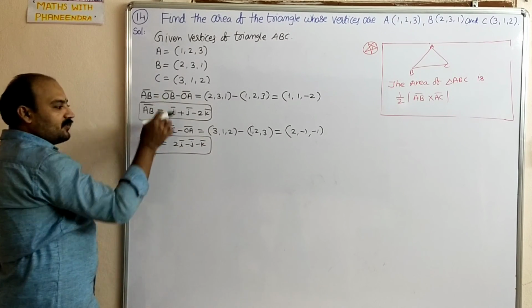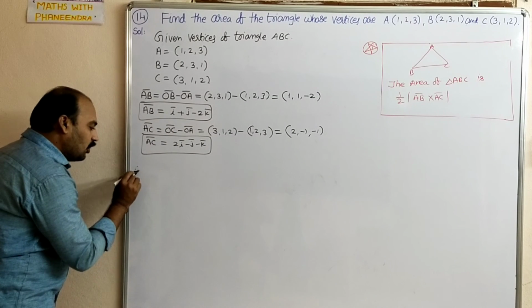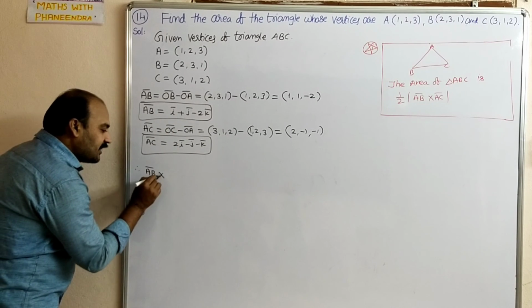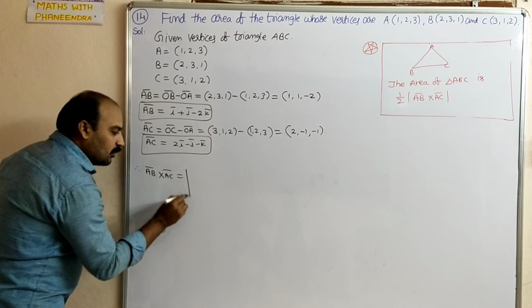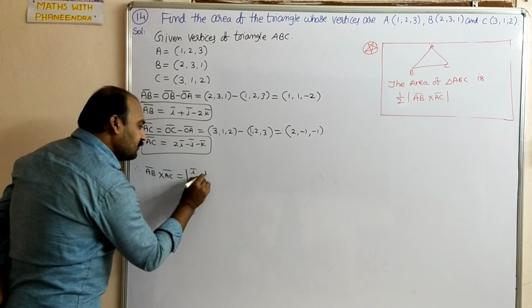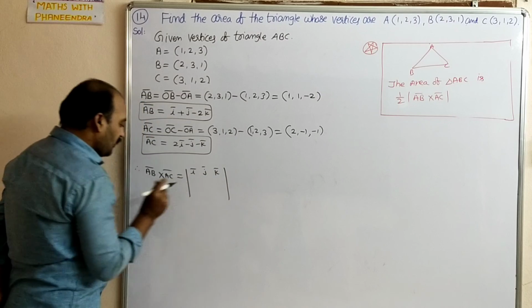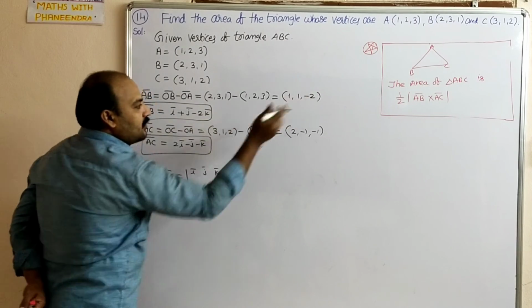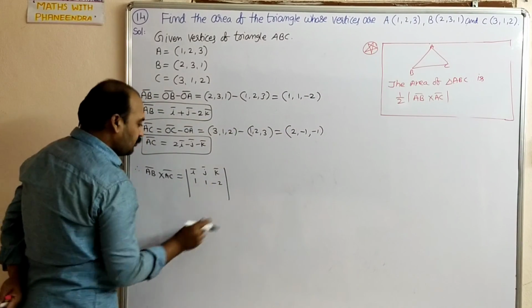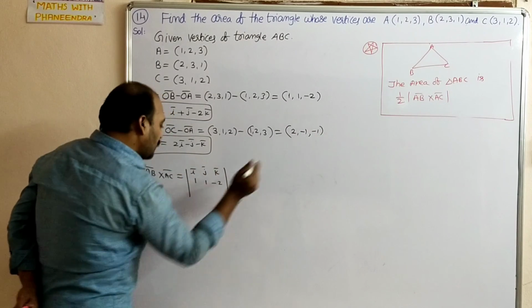Now the cross product of these two vectors we need to calculate. Therefore, AB bar cross AC bar equals the determinant with I J K; AB bar: 1, 1, minus 2; AC bar: 2, minus 1, minus 1.